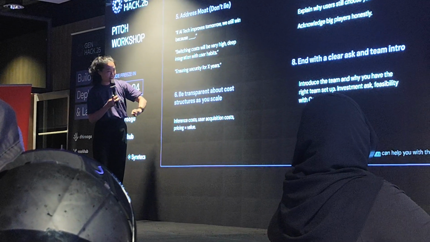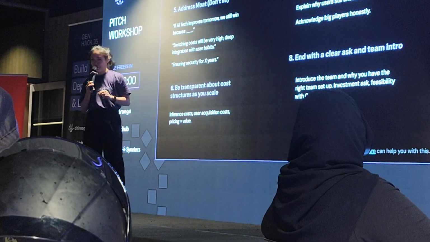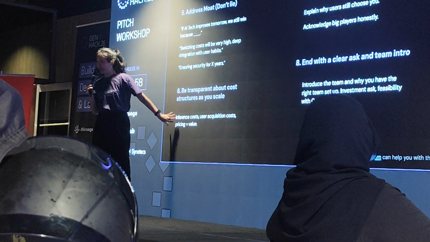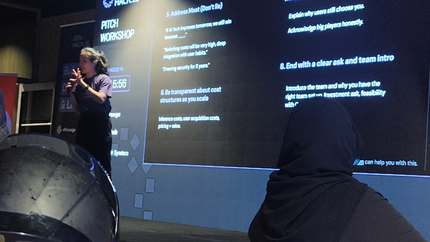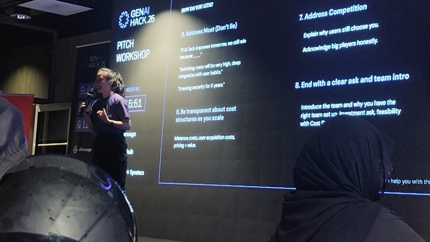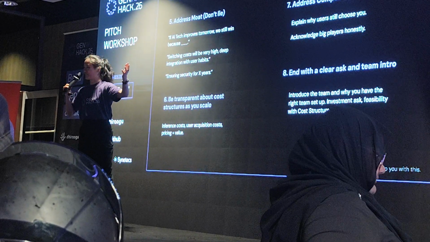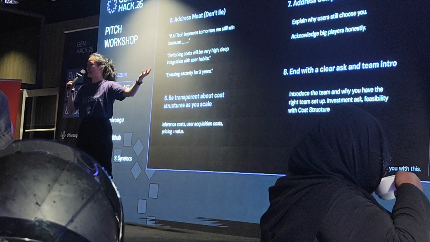Number 6, be transparent about cost structure as you scale. This one is actually very important also because they want to know whether your idea is feasible and whether it is realistic. So it's not just something that has 20 features and then takes like 20 years to make. That sounds like a AAA game.